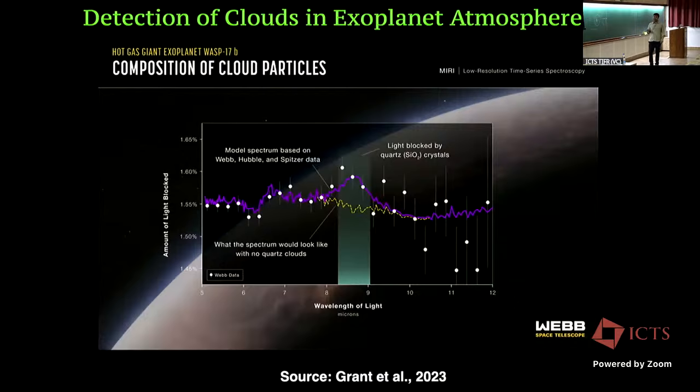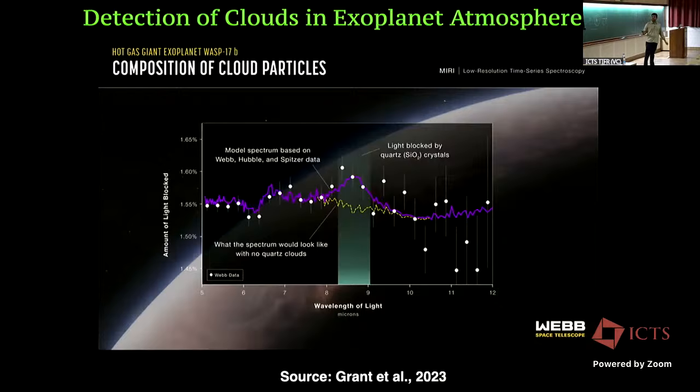One more example of what JWST has given us is clouds. That has been one of the major problems before JWST. We only had access to optical data, and we were using very simplistic clouds. We did not know what kind of clouds exist.